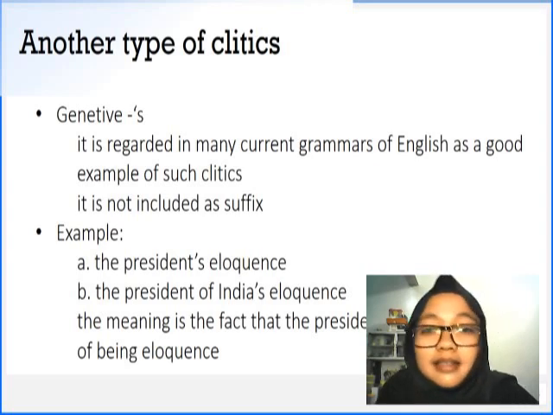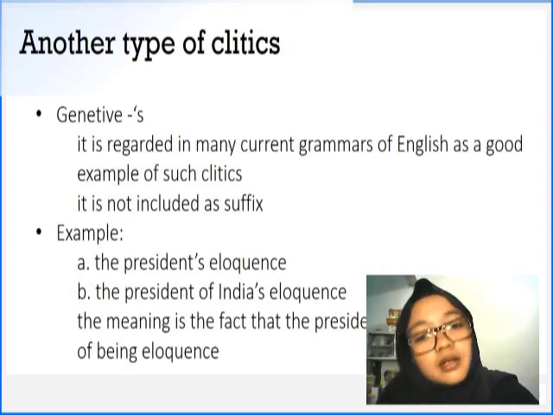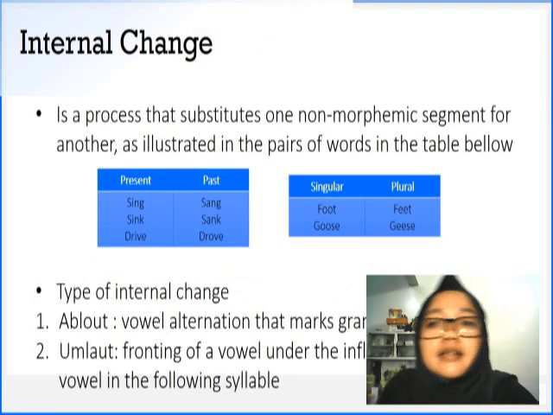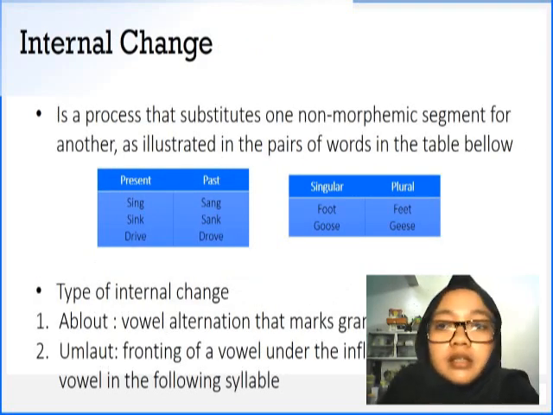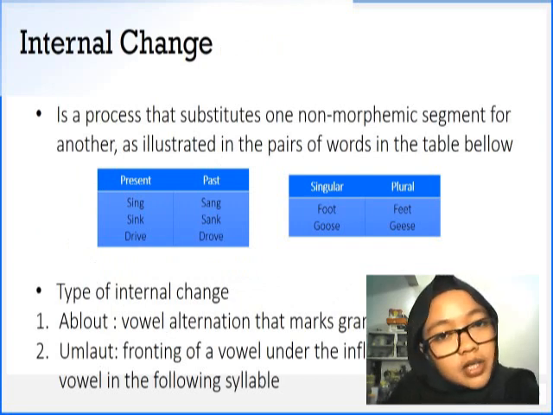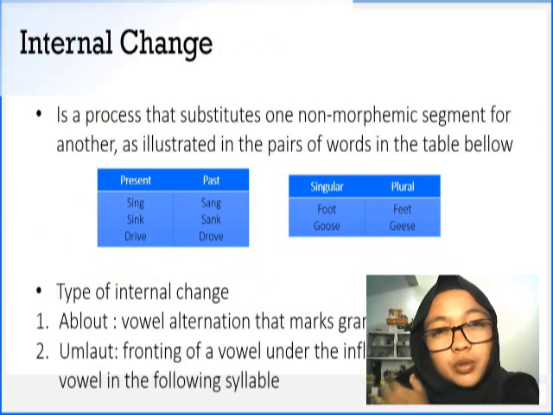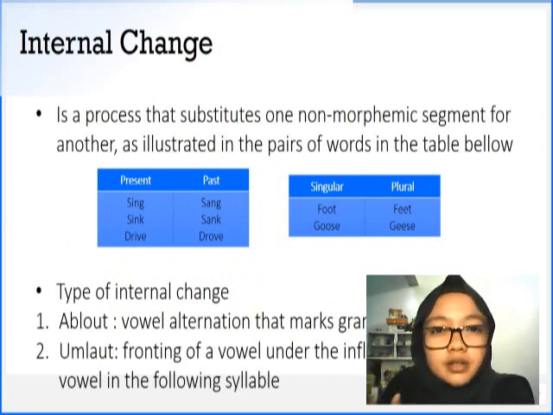Okay, the next morphological process is called internal change. What is internal change? Just remember the word internal. Internal change means a process that substitutes one non-morphemic segment for another, as illustrated in the pairs of words.